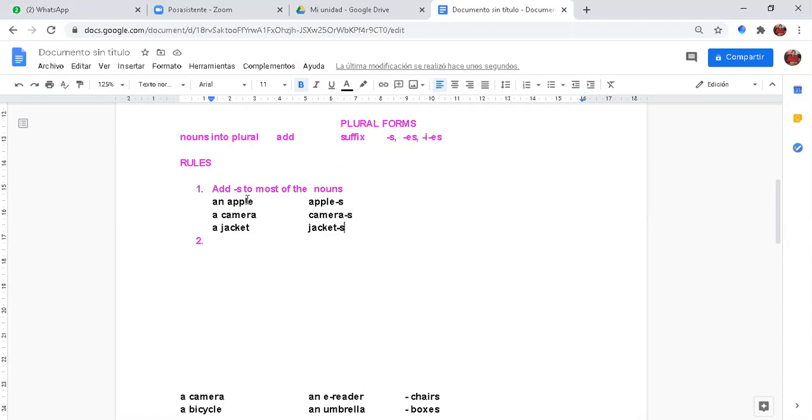So we use s with most nouns. What about rule 2?